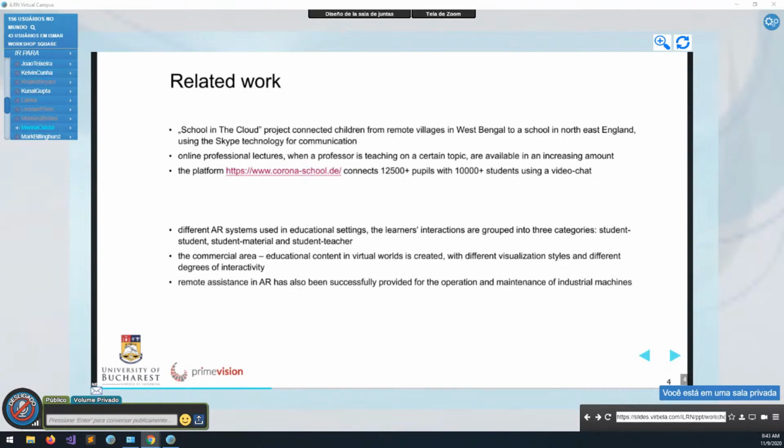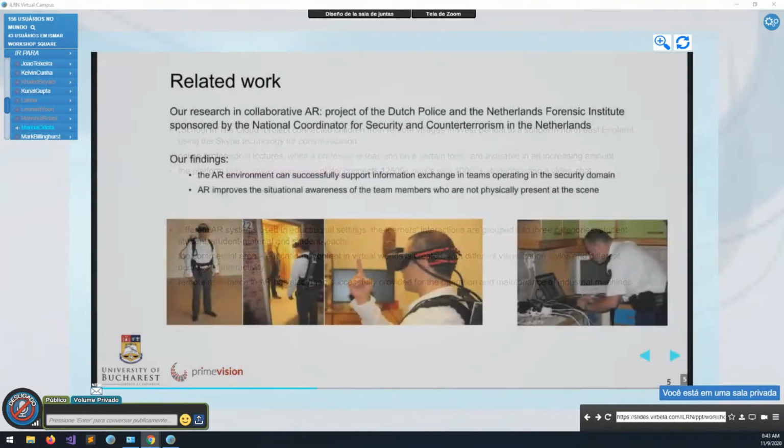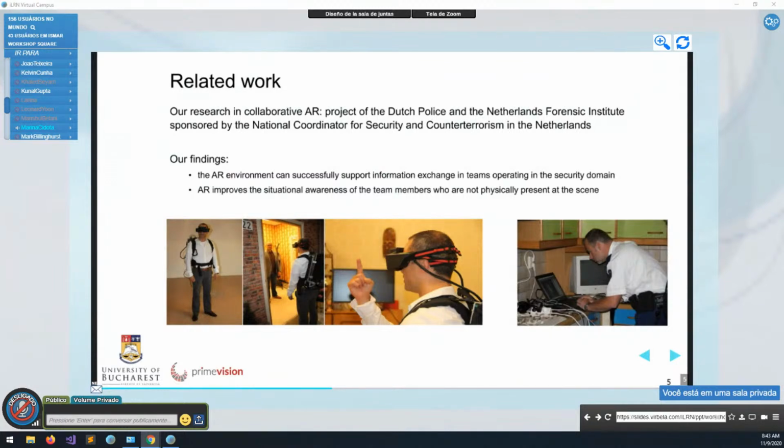When it comes to our experience using augmented reality, Dragos and I have been working on a project with the Dutch police. And the idea here was to provide information on the spot. And that information comes from an expert that is in another physical location. So in the right picture, you can see the expert in front of a laptop.